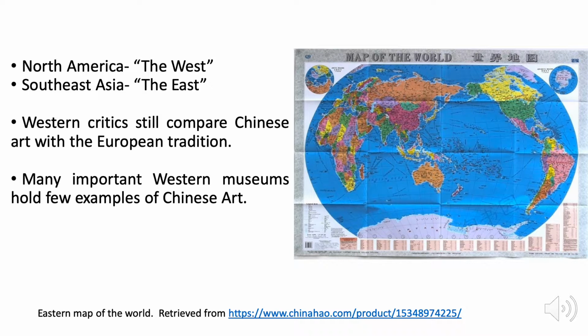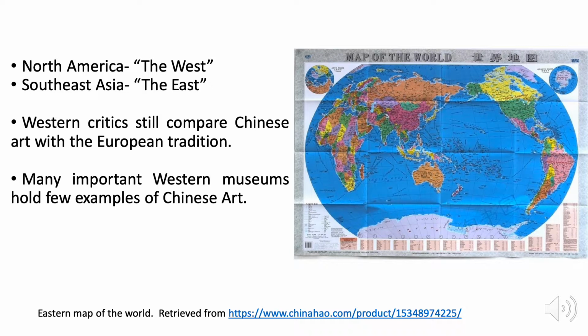According to our map, we are considered the West, and China is considered the East. So you'll hear that a lot. We talk about Western perspectives and Western viewpoints, and that means us. That means us in Europe.